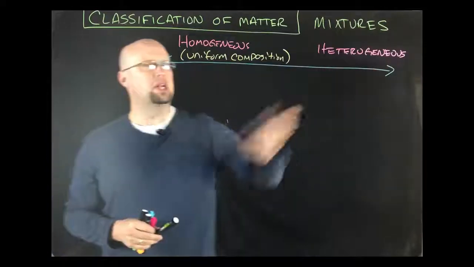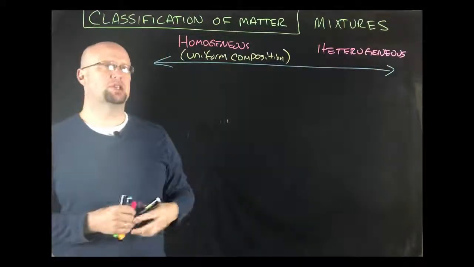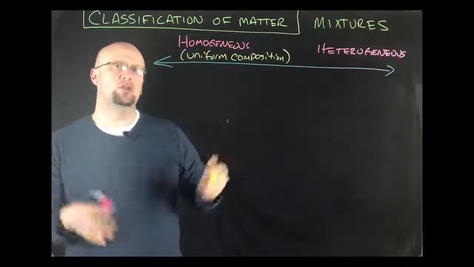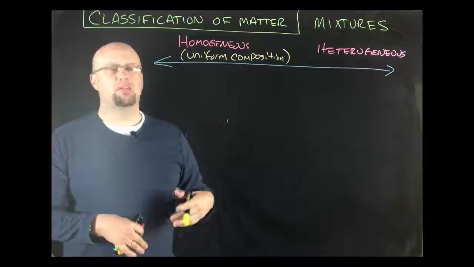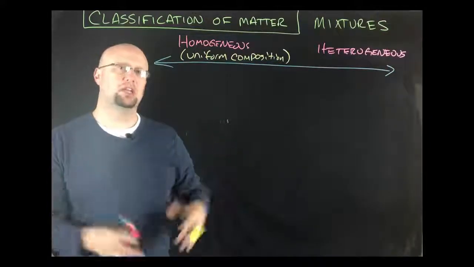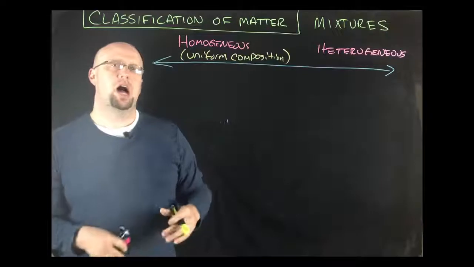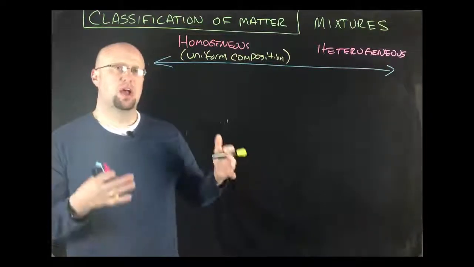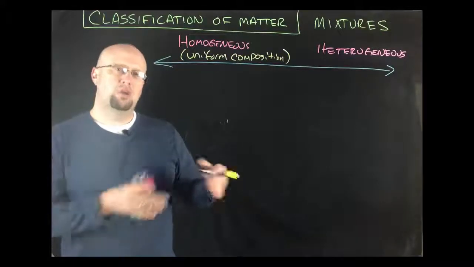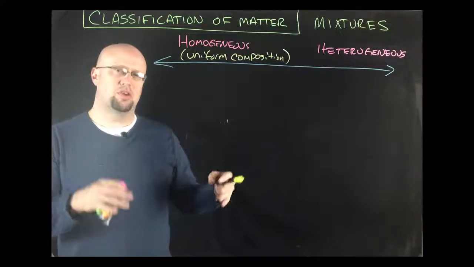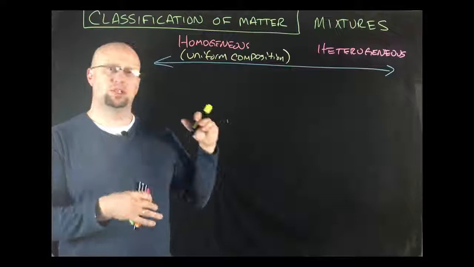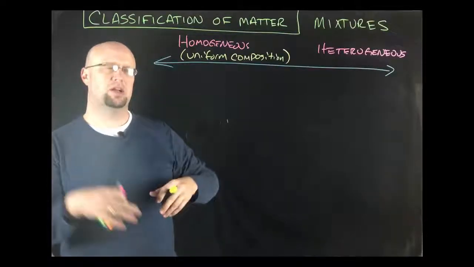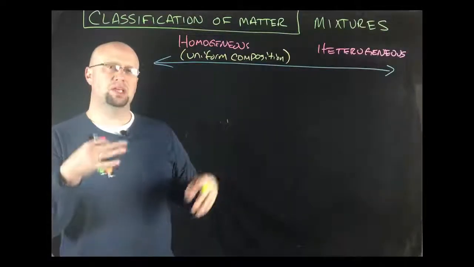Okay, on the other end of the spectrum, we have heterogeneous mixtures, which means that they're non-uniform, that they're, for lack of a better term, sometimes chunky, that you can see particles in them. The example I always like to use for that is vegetable soup. So vegetable soup, you've got broth, so that's sort of your solvent, but then within that you've got a bunch of vegetables and maybe some noodles, carrots and potatoes and tomatoes and green beans and all of those sorts of things.